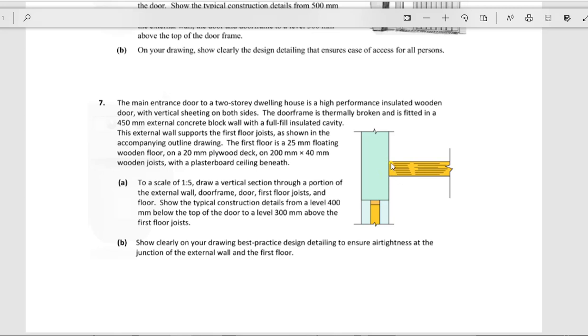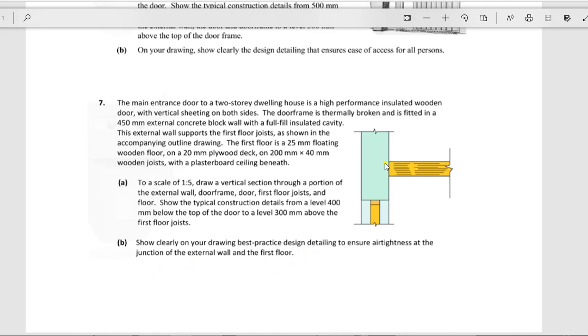So you'll be drawing on your diagram a triangle piece on the end of your joist and showing this metal hanger going into the wall. So just a line into your wall, to show that the joists do not go into the wall. So they're no longer built into the wall, and that's how the air tightness is done. So it's a very easy few marks to get for this part B.